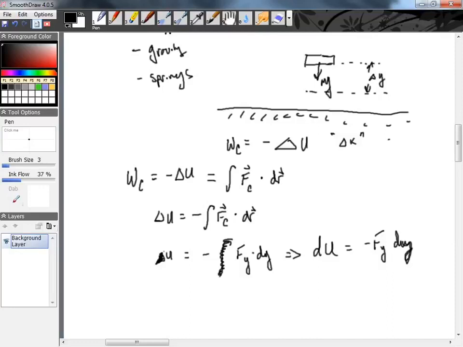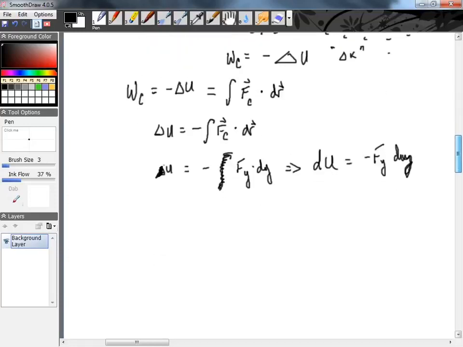Okay, so think about this. The differential change in potential energy is equal to the force, because it is a constant force, times the differential change in height. You follow me here? So our incremental change in potential equals our incremental change in height times the force.